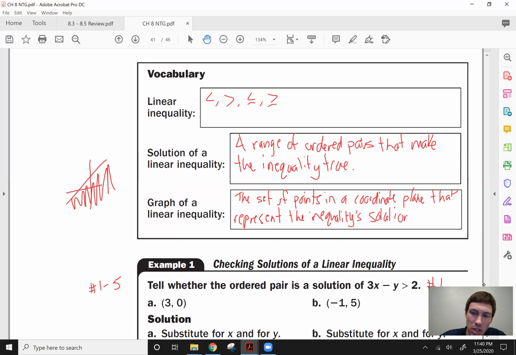But again, instead of it just being a line, it's going to be an entire shaded region. That's why it's going to look different.